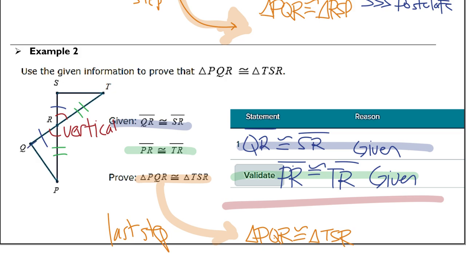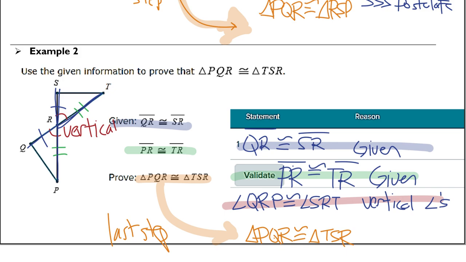So angle QRP is in fact the same as angle SRT, and we know that because they are vertical angles. Vertical angles are always congruent.